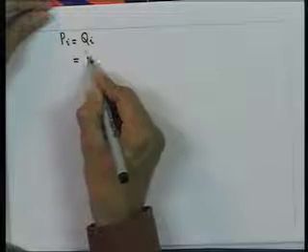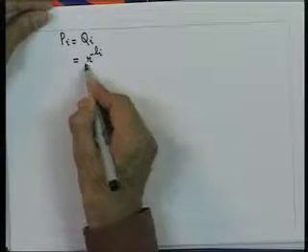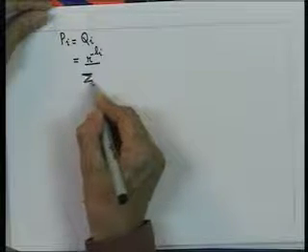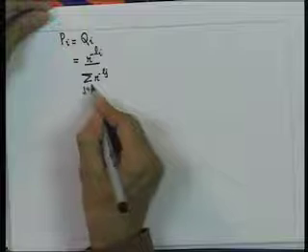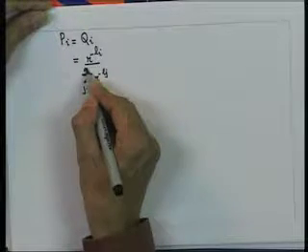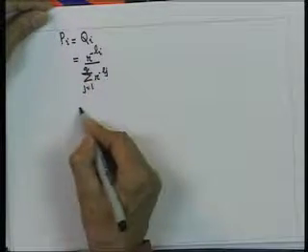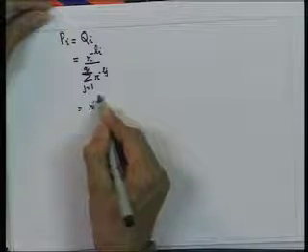What this implies is that the summation of Q_i is equal to 1.